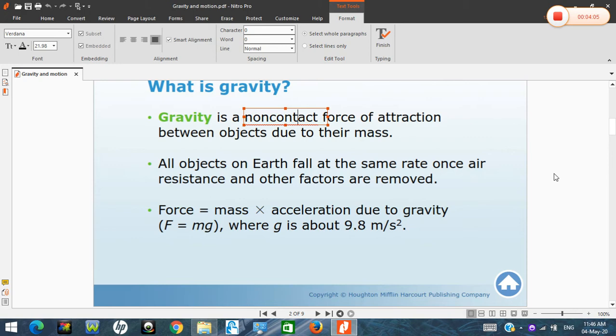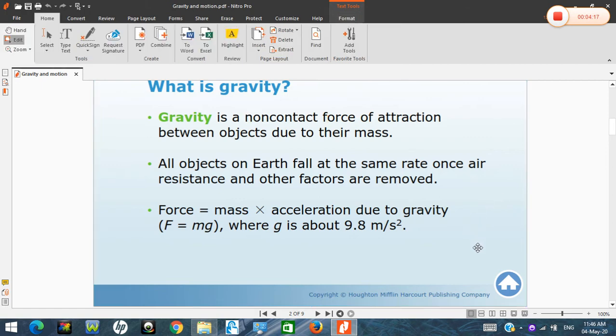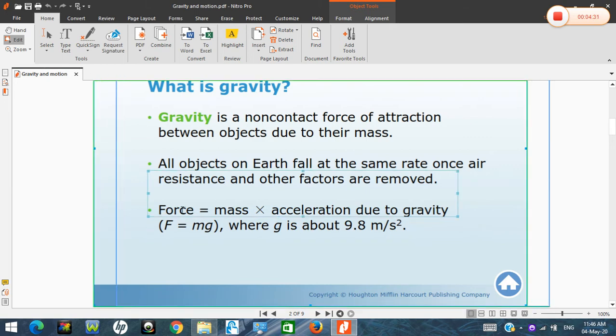Okay? Today, I want you to know the factors that affect gravity. What makes the gravity force increase, and what makes the gravity force decrease. But you must memorize the law of force.